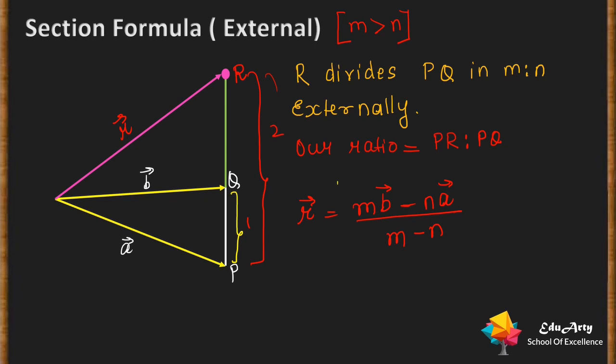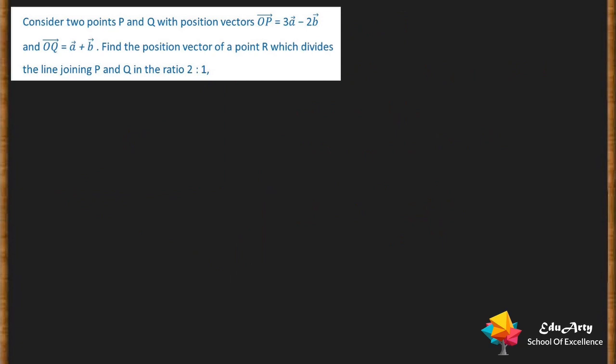Okay, let's do this example. See, consider 2 points P and Q with position vector OP, which is 3 into A vector minus 2 into B vector, and OQ is equal to A vector plus B vector. Find the position vector of point R which divides the line PQ in the ratio 2:1.